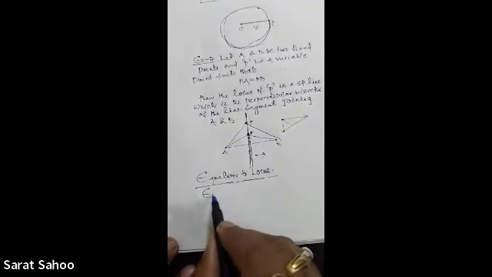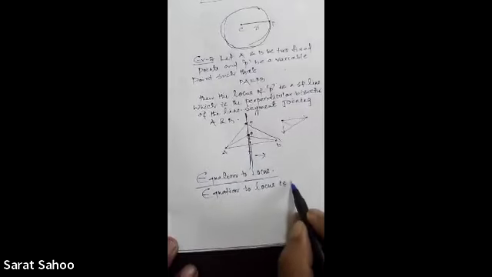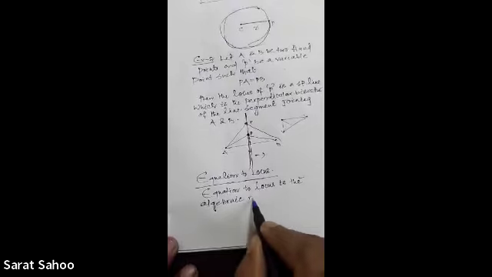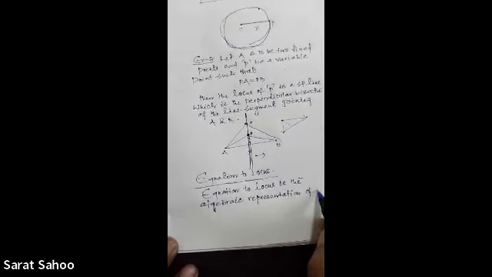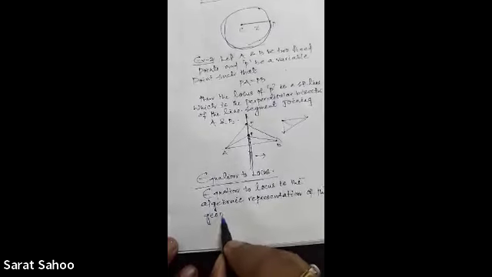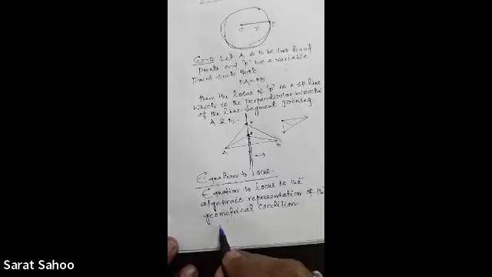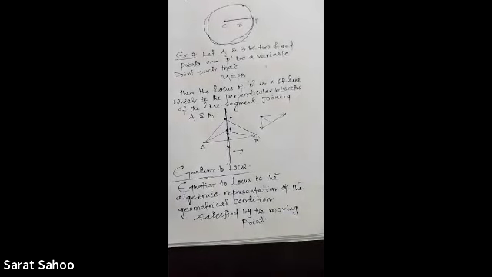We have done equation to locus. Equation to locus is the algebraic representation of the geometrical condition satisfied by the moving point.